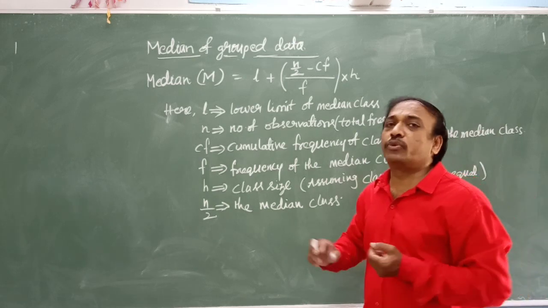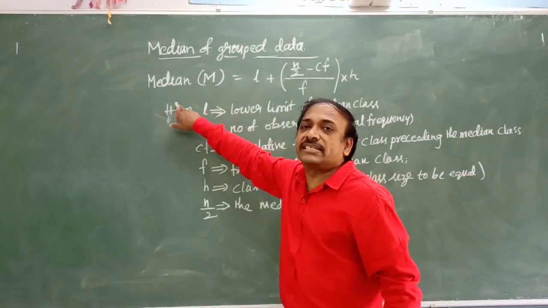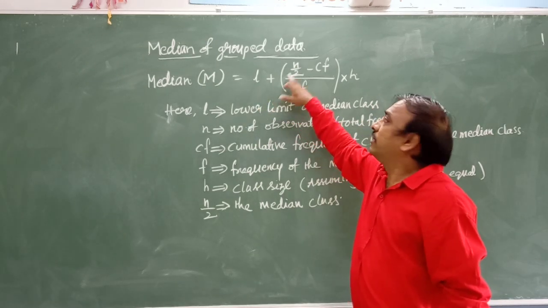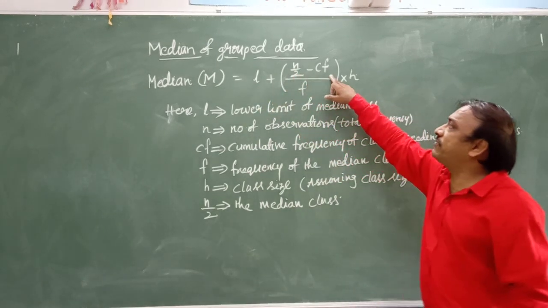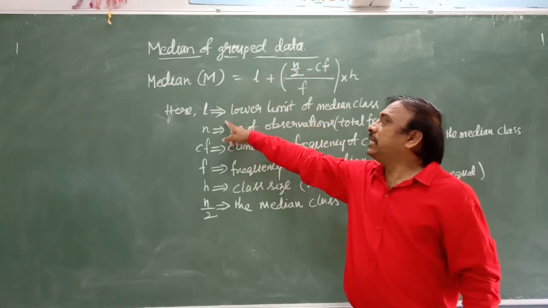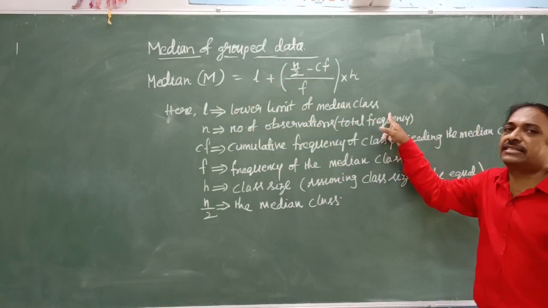Now median for grouped data. Median is denoted by M, which is equals to L plus (n by 2 minus Cf) by f into h. What is L? The lower limit of the median class.